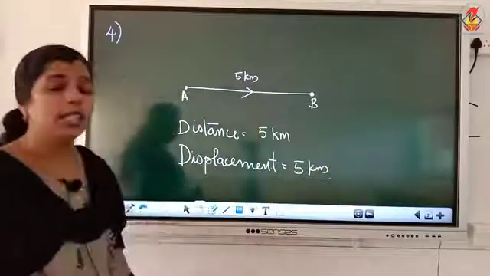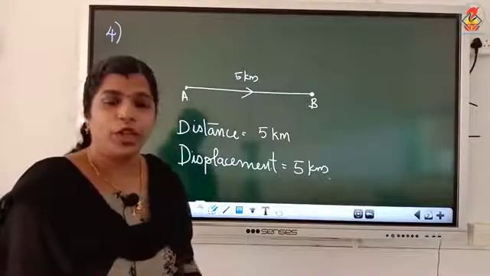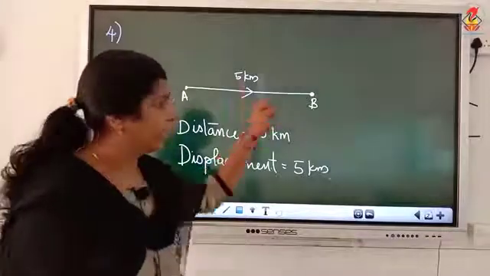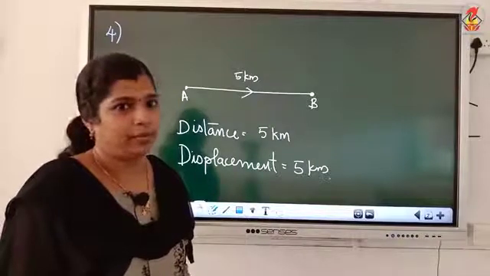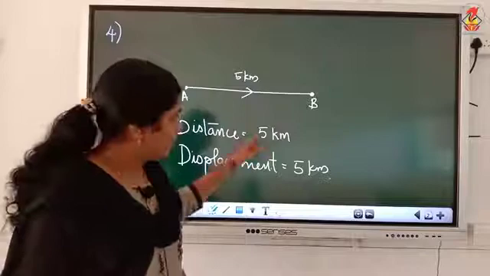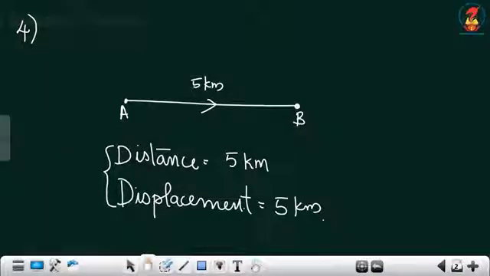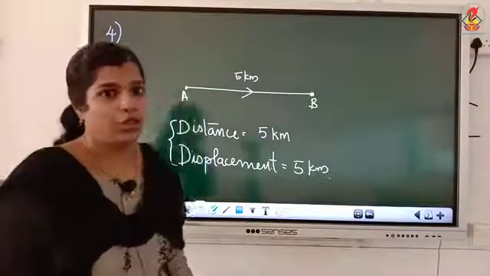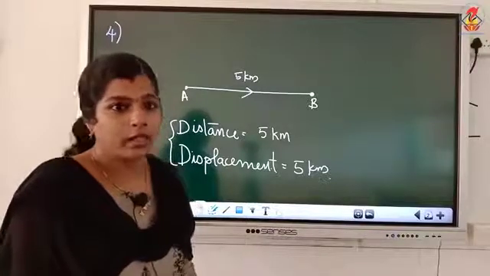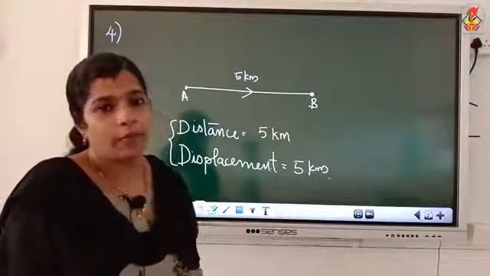So, the distance and displacement can be the same value only if the object is moving in a straight line and it is not returning to its initial position. If it is not returning back, then distance and displacement will be the same.